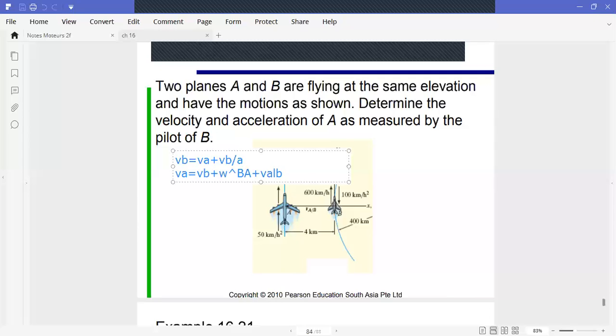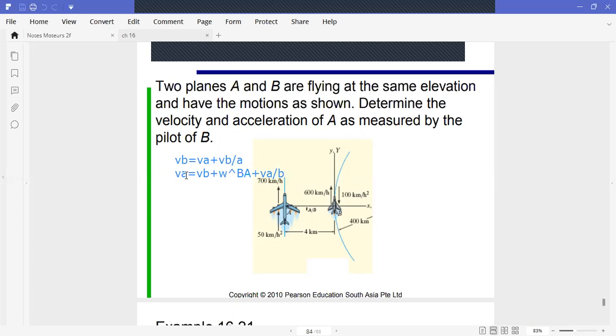Okay, so what is new here? Which term is new? This one. This term here is due to what? This term is due to the rotation of B. Okay, so whenever I have a frame, the frame attached to B, doing rotation, and I want to measure the velocity of any body relative to this frame, I will use this relation.